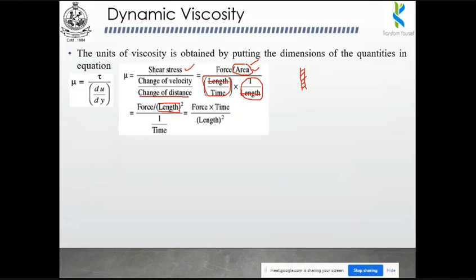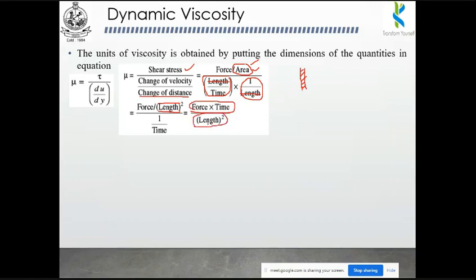So force divided by length square, and after cancelling the length, the remaining portion is 1 divided by time. If you want to simplify this, you can take the time to the numerator, so force into time divided by length square.